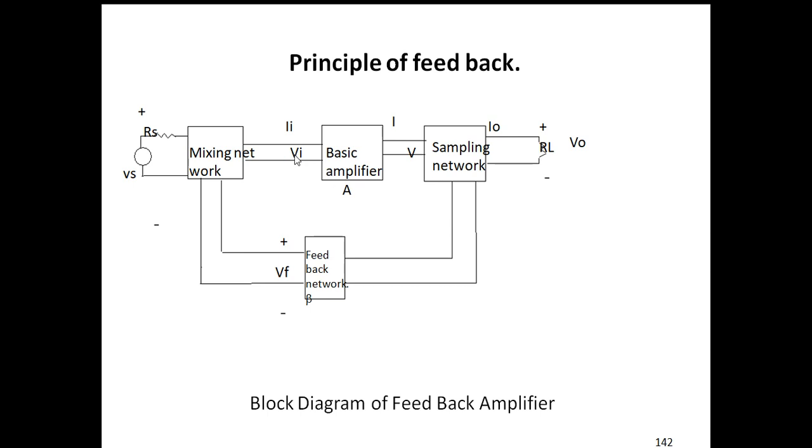In between these two, Vi is the input voltage signal. This is Vs, the source voltage. This is Vi, the net input voltage after the feedback signal. This is the output of the basic amplifier, Vo. This is the overall voltage of the feedback network. This is Vf, the feedback output signal.